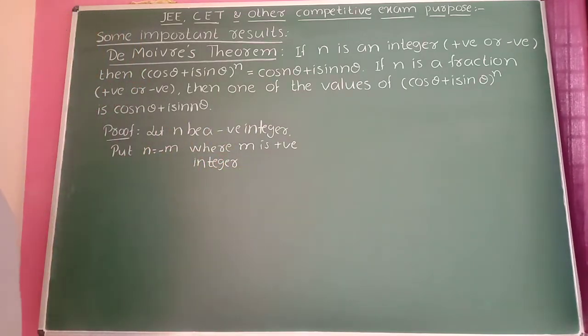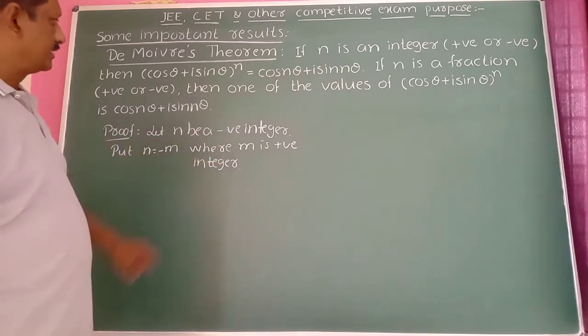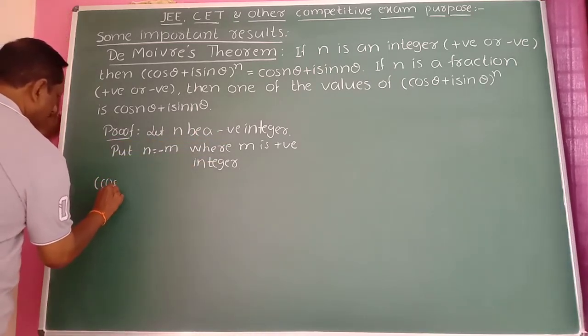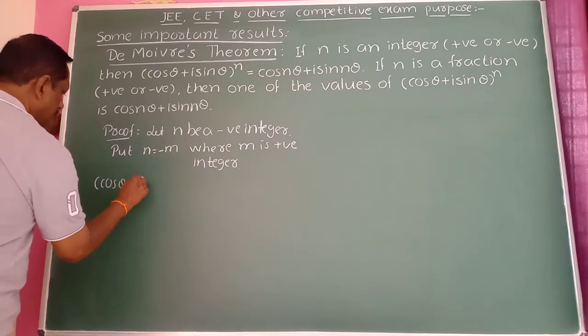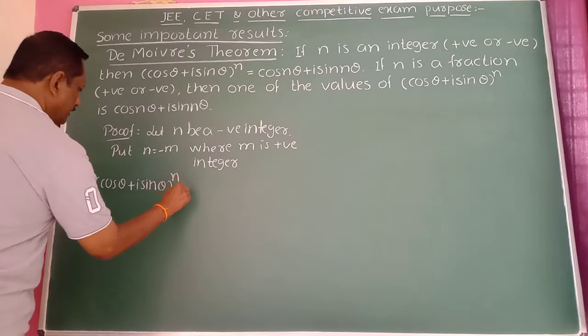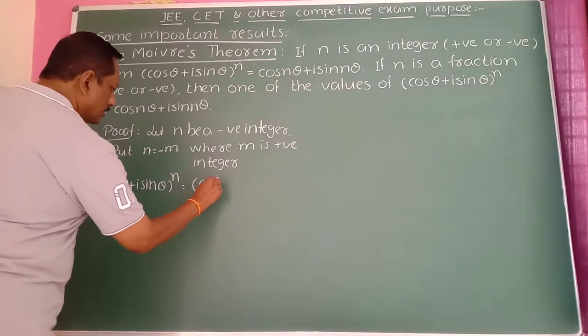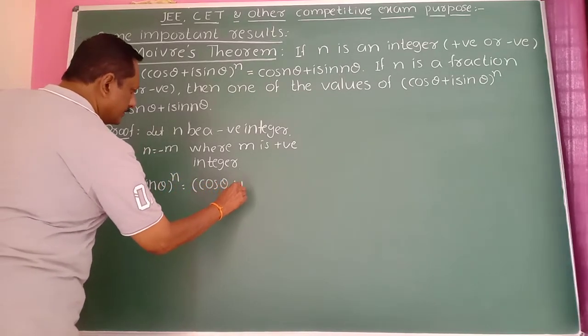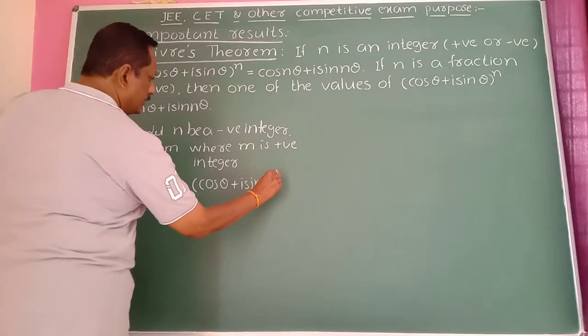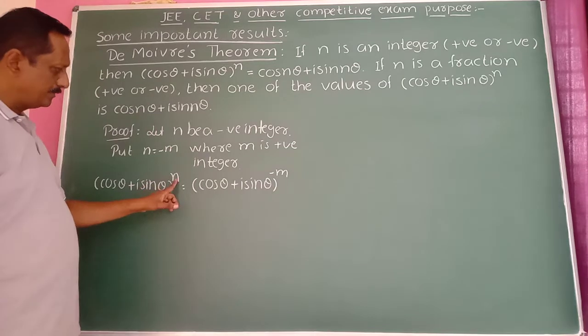Take n equal to minus m because n is a negative integer. Therefore (cos theta + i sin theta)^n is equal to (cos theta + i sin theta)^(-m). Just replace n by -m here.